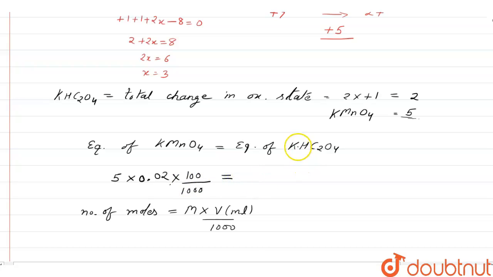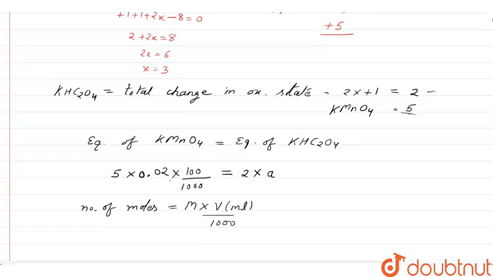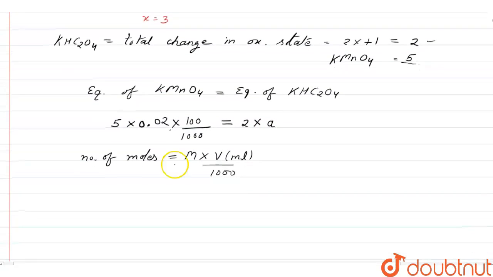Now come to the KH oxalate, potassium hydrogen oxalate. For this we have calculated the n factor, that is 2. So n is 2 into A, which is the number of moles of potassium hydrogen oxalate. So we can calculate the A value from here.